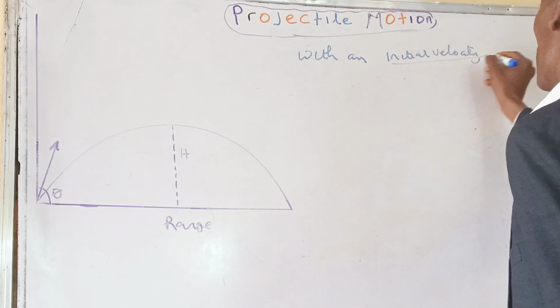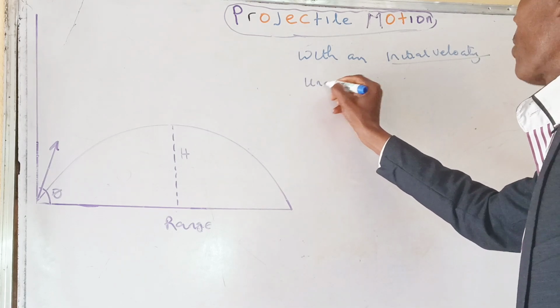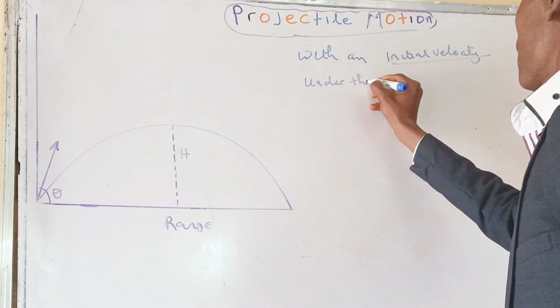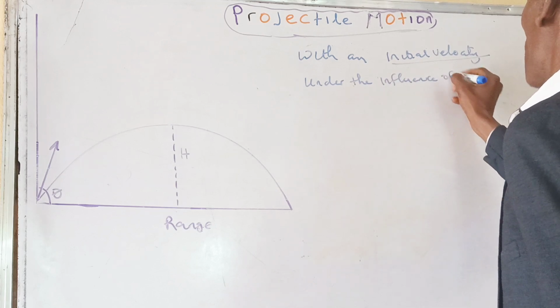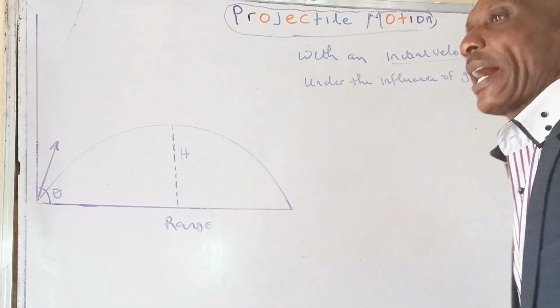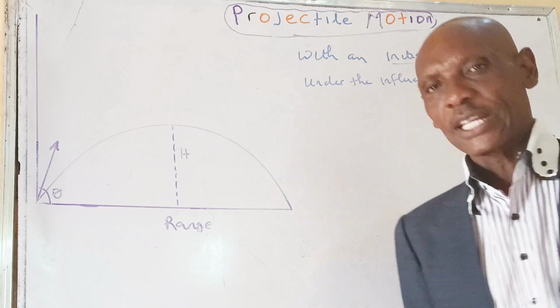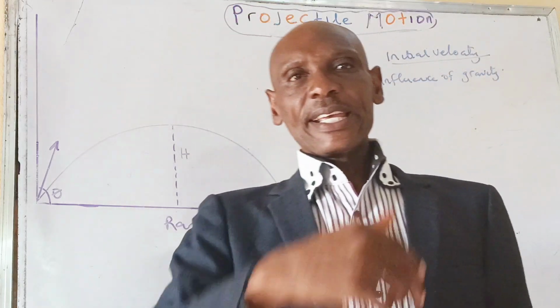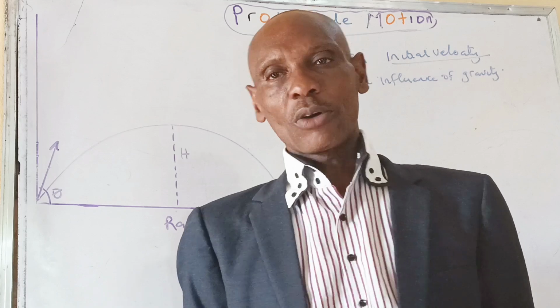Yes, we have to give the body a certain velocity under the influence of gravity. Because if you fire a stone from a catapult, once the stone leaves the catapult, it comes under the influence of the gravitational pull of the earth.